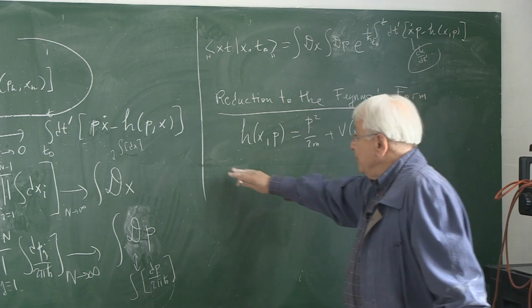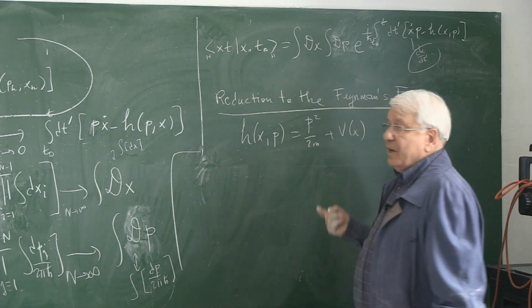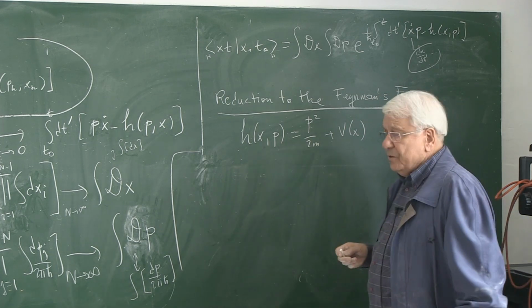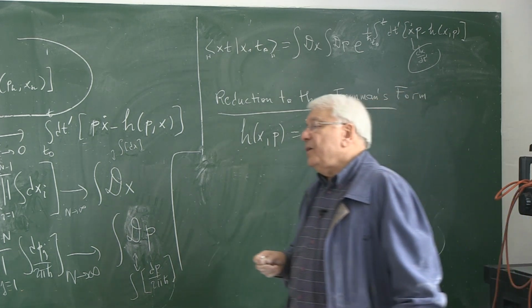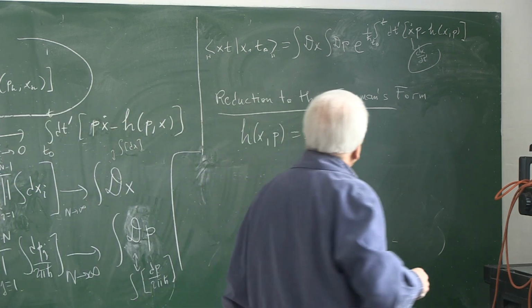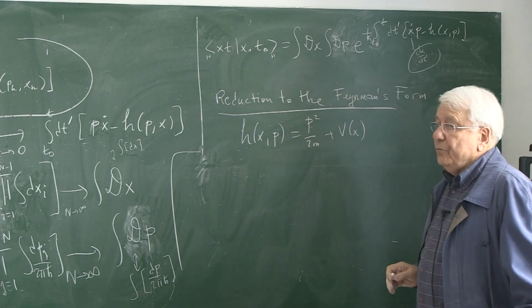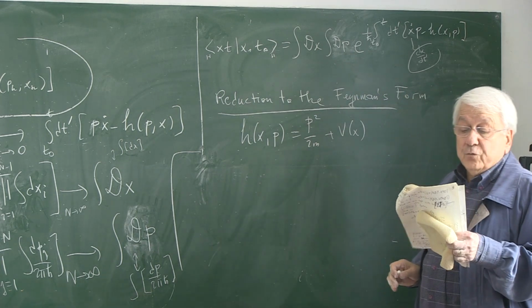Just to set the stage and to understand the notation in this simple case. Consider a case of that form, kinetic energy plus potential energy. You may say, of course, these are the most general forms. A class which contains almost everything except the gauge theories, but leaving gauge theories out is not a good thing. We are going to introduce them later. How does this expression reduce for the special class of Hamiltonians of that form?